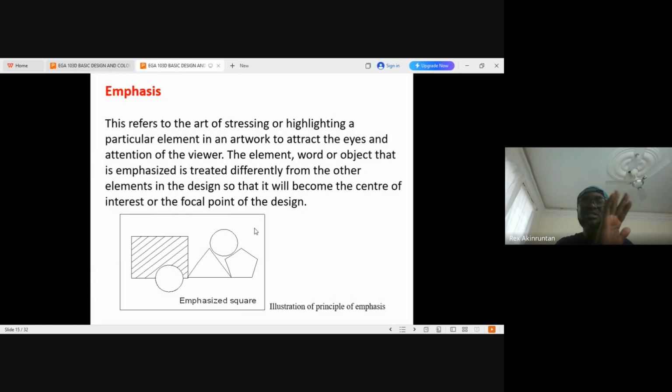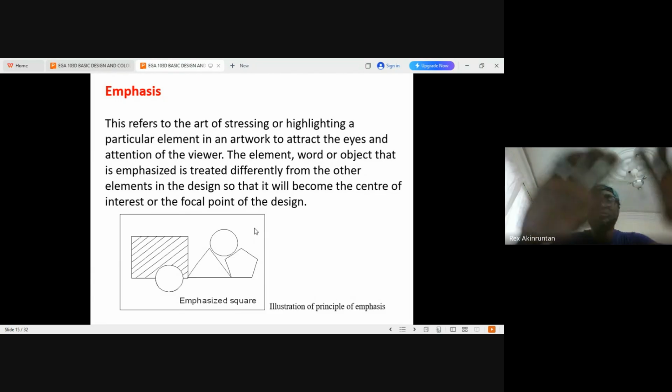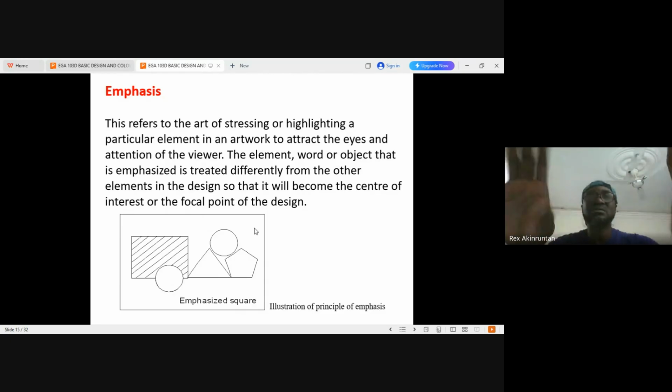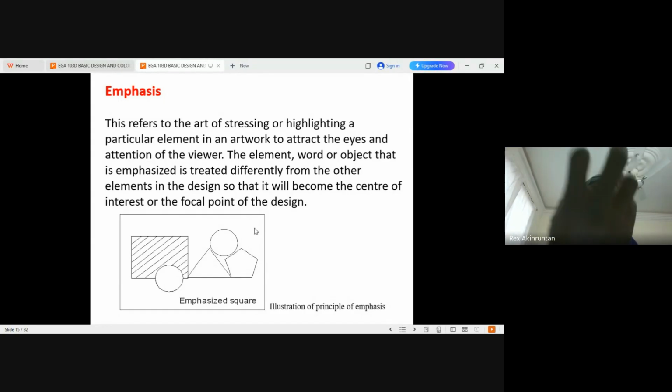You see sometimes even the display buttons on the surface, the LED screen that you see, all of those, there are ways that they projected them, the way they are molded, and even the form, the handles, the shape of the item, the products, all of these things add to emphasis. They lift your eye and you are pulled to it. And once you are pulled to it, you become so interested to the extent that you want to have it in your home.